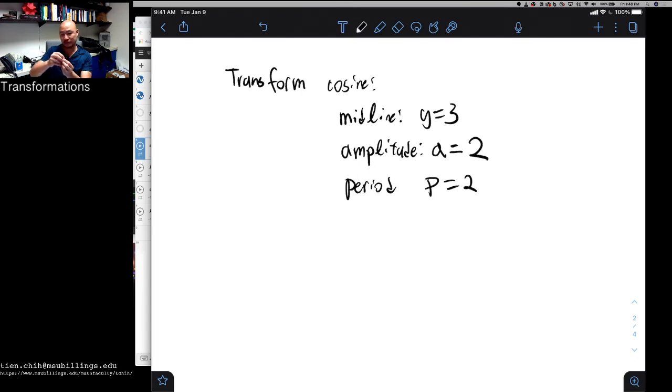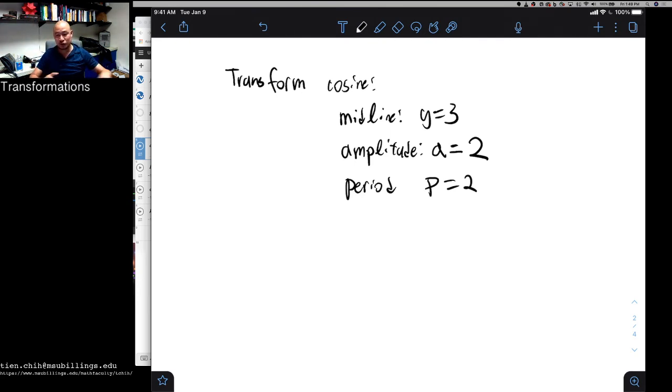So first things first, when it comes to the midline, there was only one transformation that changed the midline. Stretching things this way doesn't change the center, and shifting left and right or stretching left and right doesn't change the center line either. Only shifting up or down could change that.